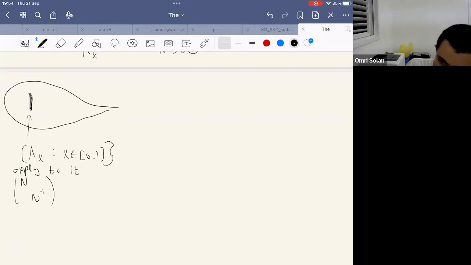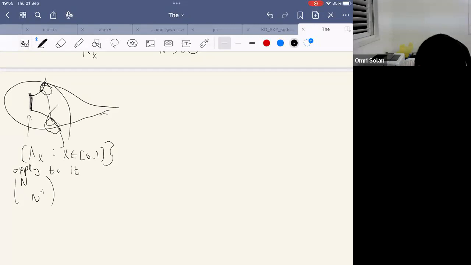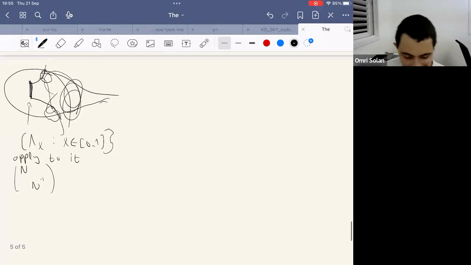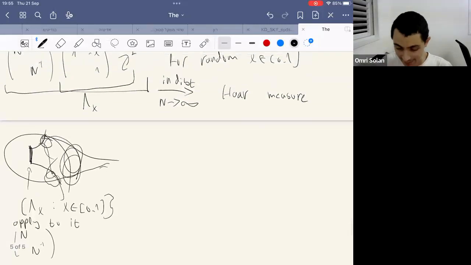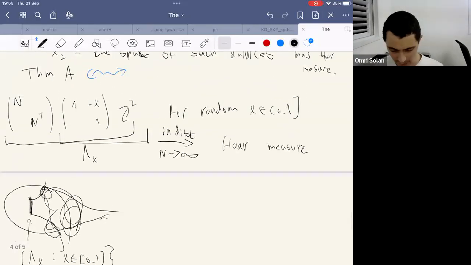And now these curves become larger and larger. I can't draw it, but it becomes larger and larger. And the claim is that theorem A corresponds to the equidistribution of this curve inside the space of lattices.